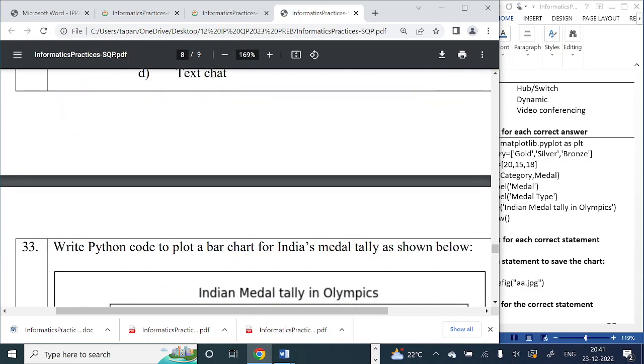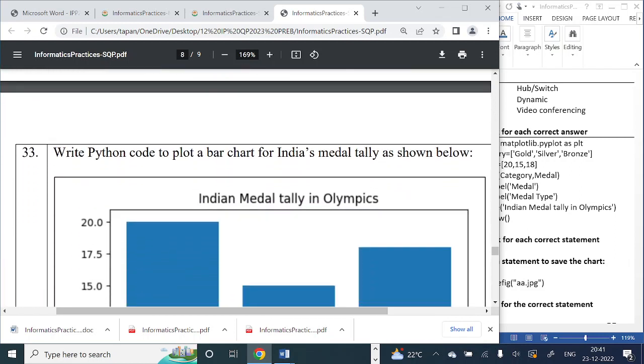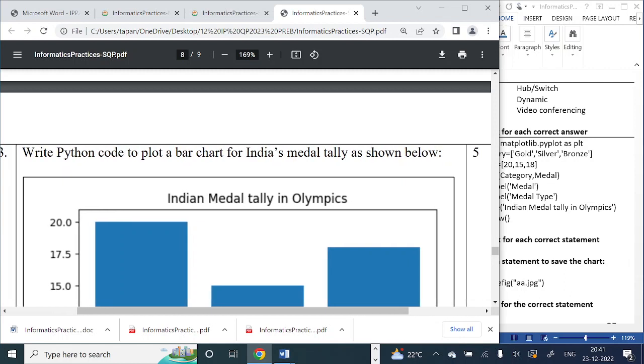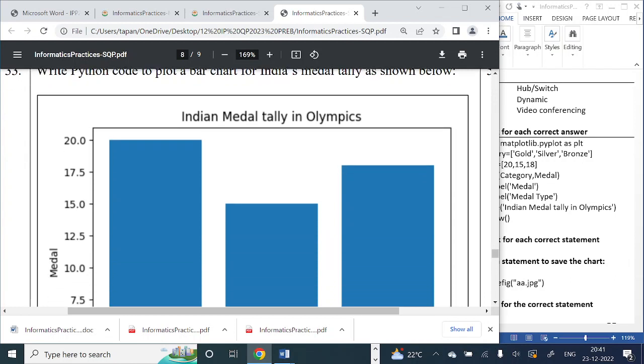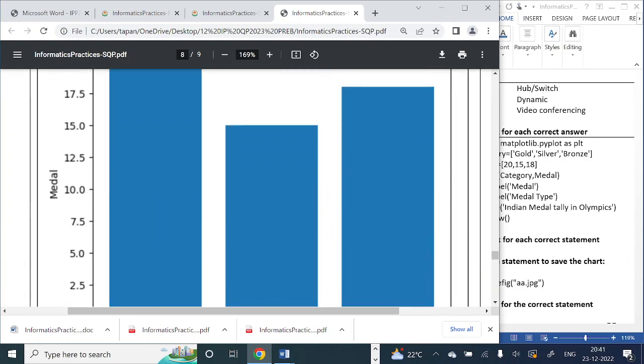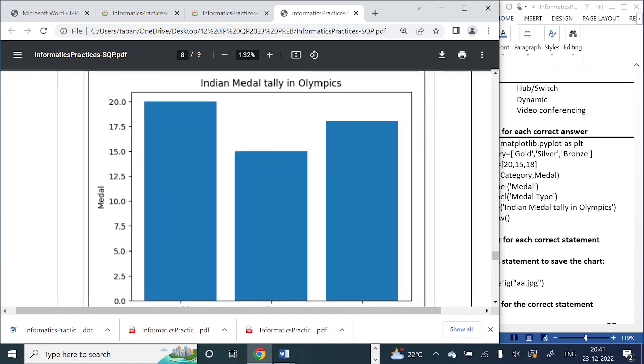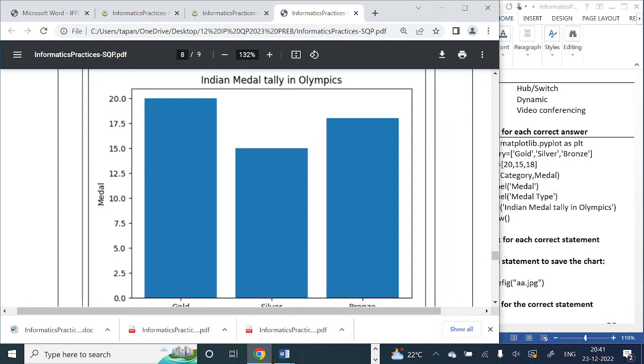Yes. Now 33, that is section D's last question. Total 35 questions will be there. Now here: write Python code to plot a bar chart for India's medal tally as shown below. This is very easy, a 5 marks question. You have to draw the bar chart, and in this bar chart you can see the labels, title. At the top, Indian medal tally in Olympics is your title.